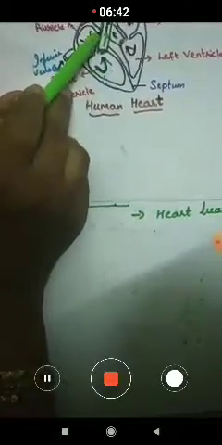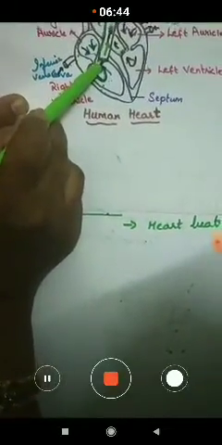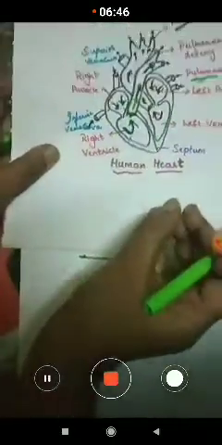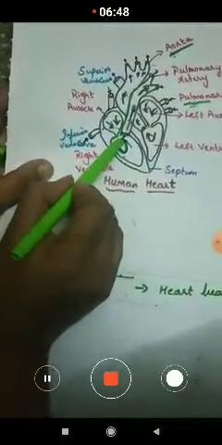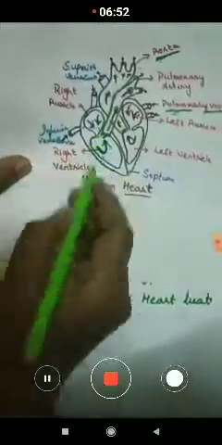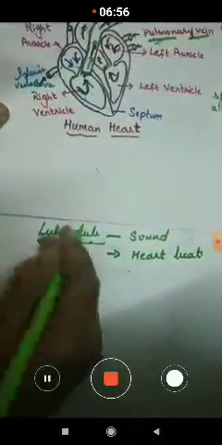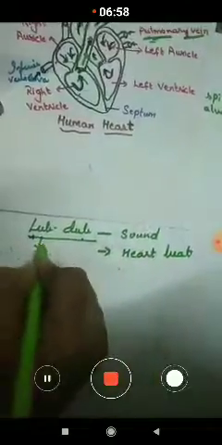When this lub sound occurs and when this dub sound occurs, here I told you about the semilunar valves from the ventricle to the pulmonary artery. When this valve closes, the closing of the semilunar valves, we hear the sound of lub.